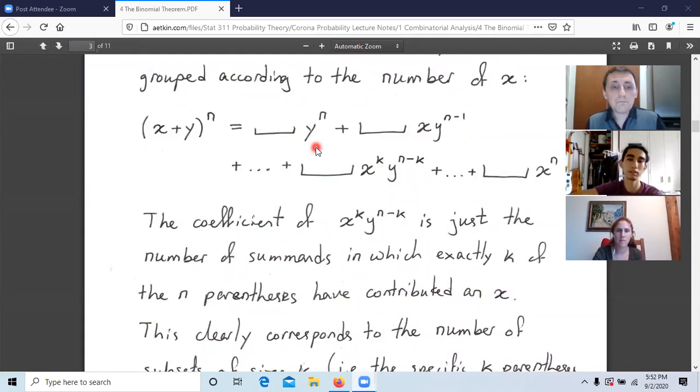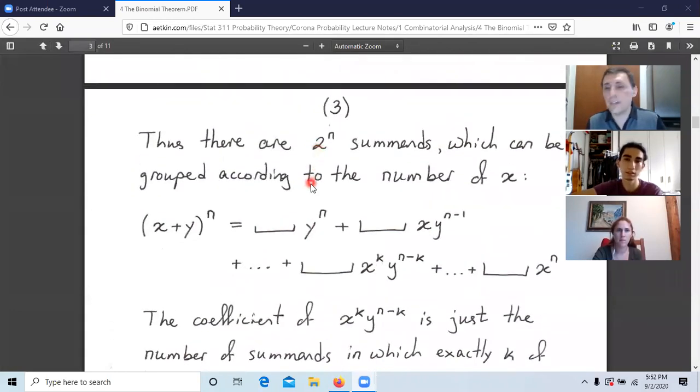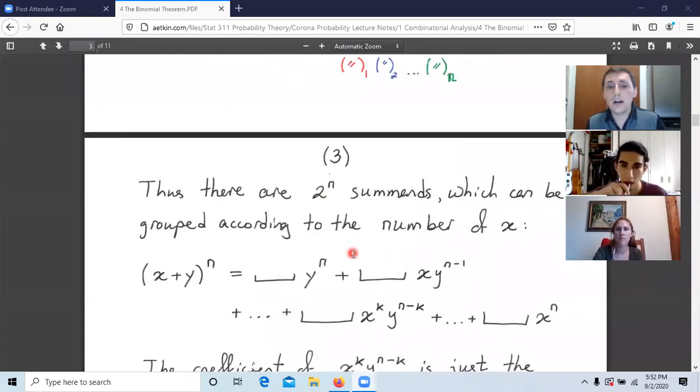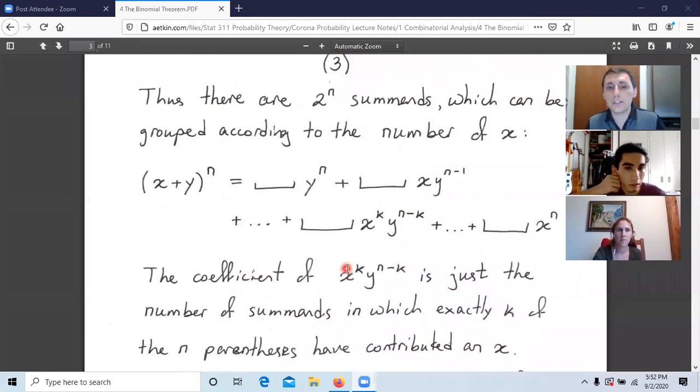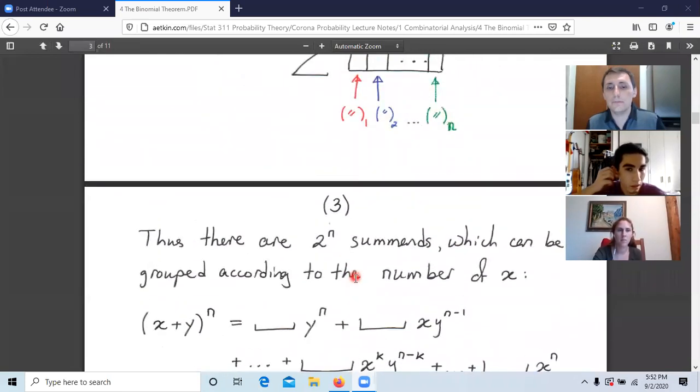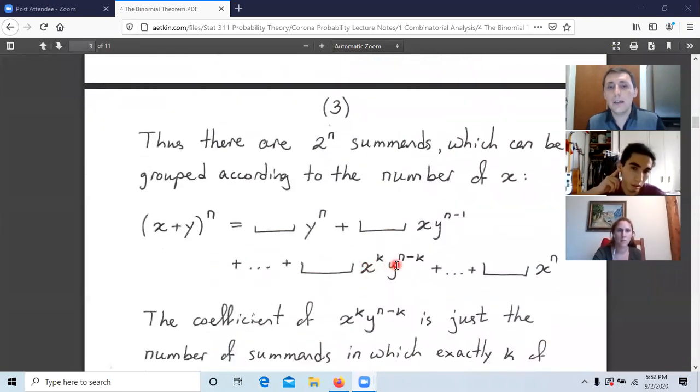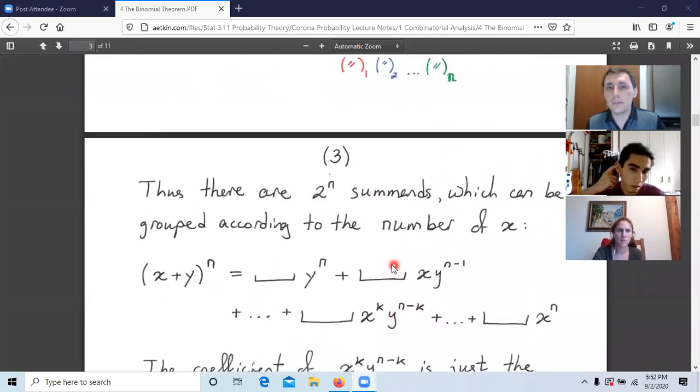So the question is, and let's see if you can figure this out without me mentioning it, what's going to be the coefficient next to some general x to the k, y to the n minus k, right? So that means the general term where x appears k times. Maybe k is equal to 0, 1, 2, 3, the general term.